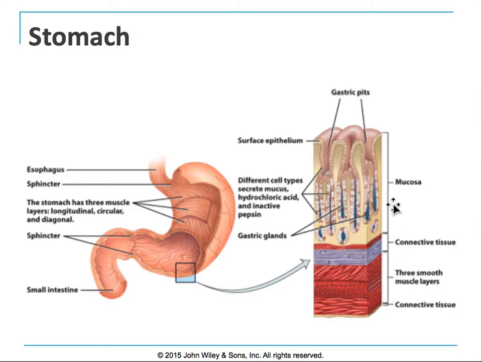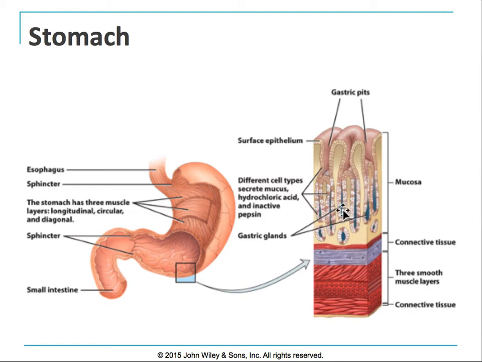This enlarged graphic here on the right is showing a detailed version of the lining of your stomach. So the lining of your stomach isn't smooth, all right? It has what's known as gastric pits, right? So these are all kinds of little folds along the inside of the lining of your stomach. And inside these gastric pits, deep down inside the lining, there are different types of cells, gastric glands.